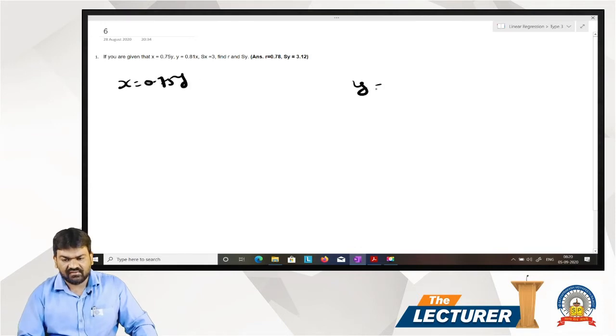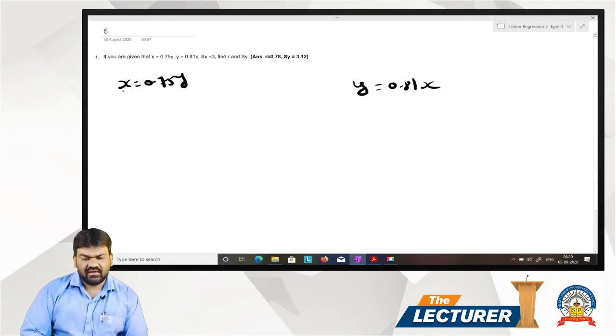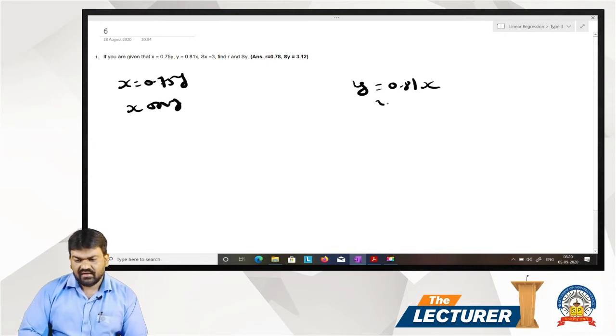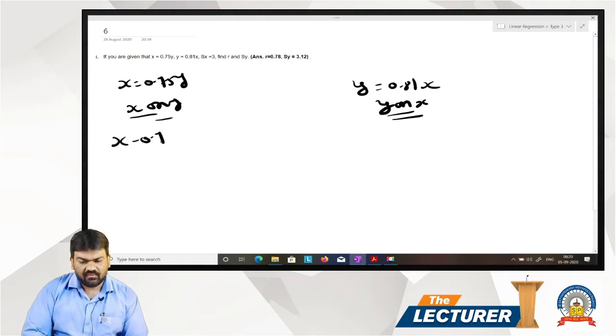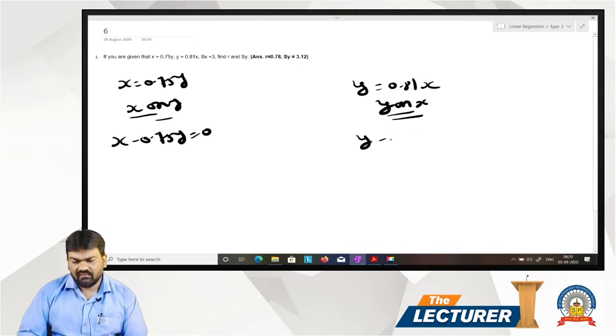What is y is equal to 0.81x? Here, the left hand side of the equation is x, so we call this x on y, and this y on x. x minus 0.75y is equal to 0, y minus 0.81x is equal to 0.